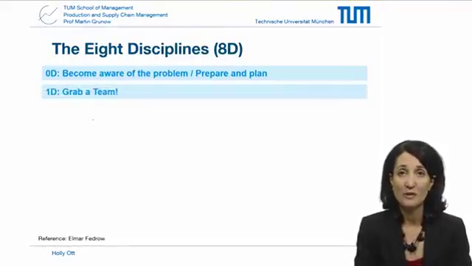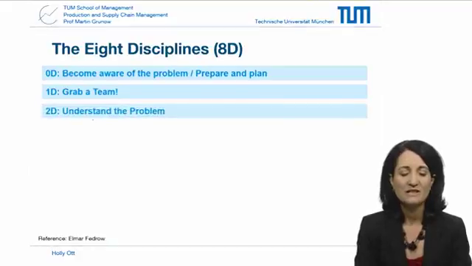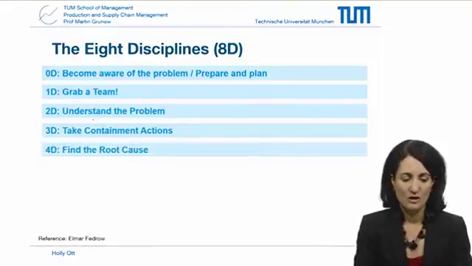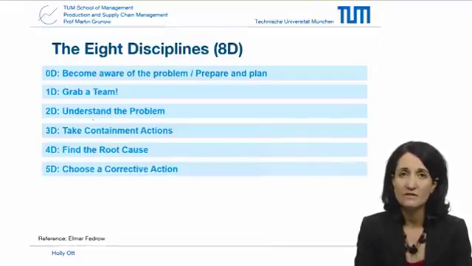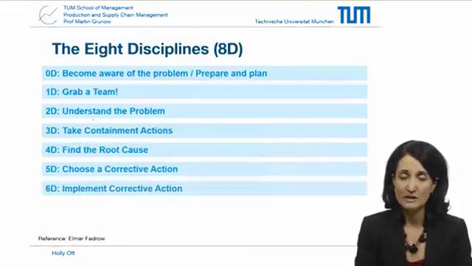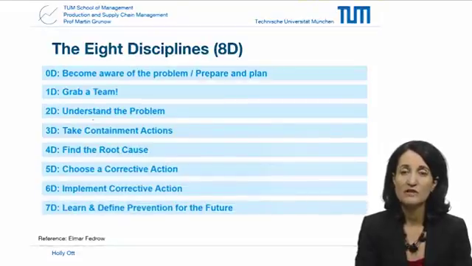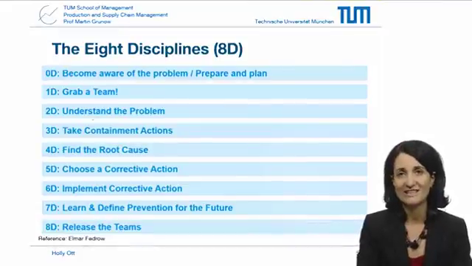Once it happens, you grab a team. Then you need to understand the problem and take containment actions. You need to find the root cause and choose a corrective action, implement the corrective action, and then learn and define prevention for the future before you release and congratulate the team.